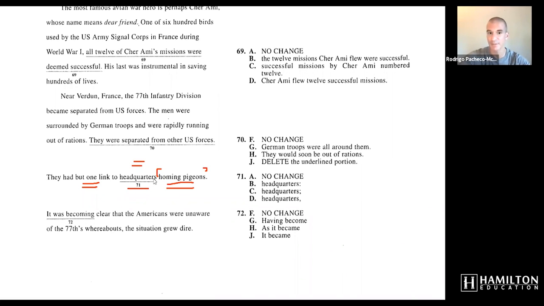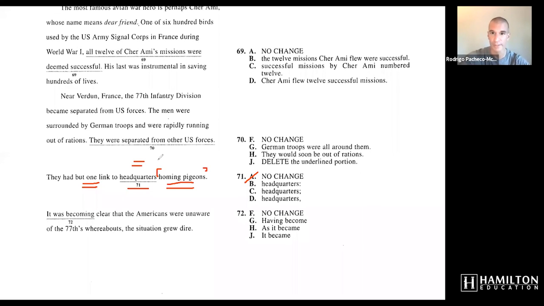But in this case, we need some kind of punctuation. Even if we didn't have that modifier, we can't just place two nouns next to each other with no punctuation, unless they're a compound noun, like mop head, right? That's two nouns placed together, but that's a little bit different. So we're missing punctuation here. That's not going to work.